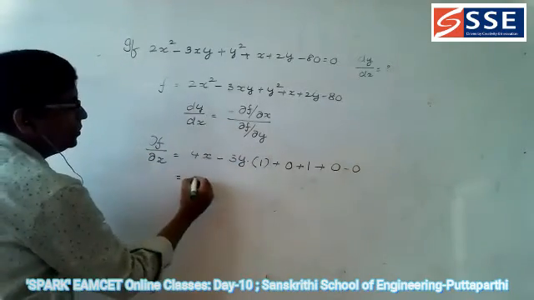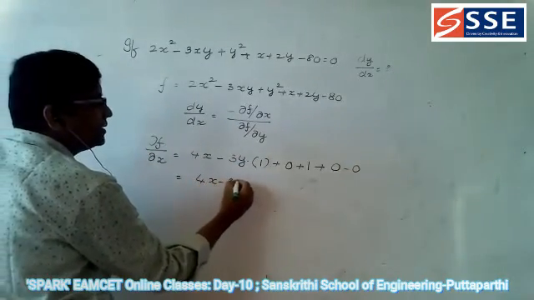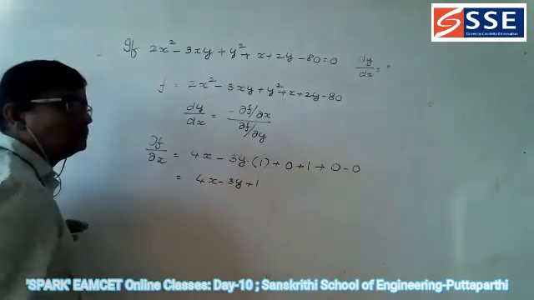So what is its value? 4x minus 3y plus 1.